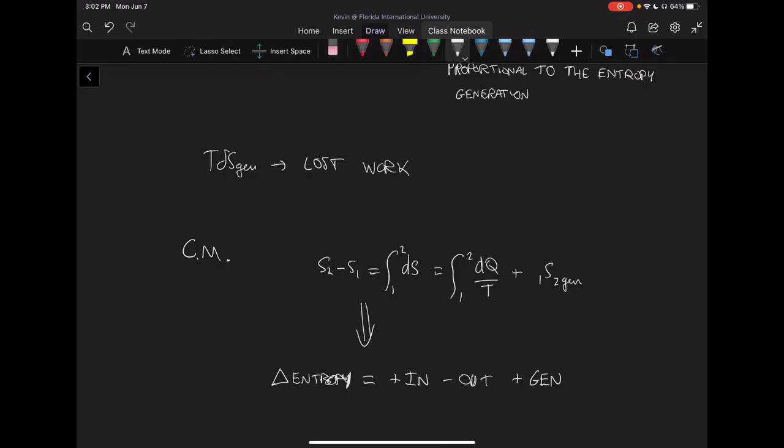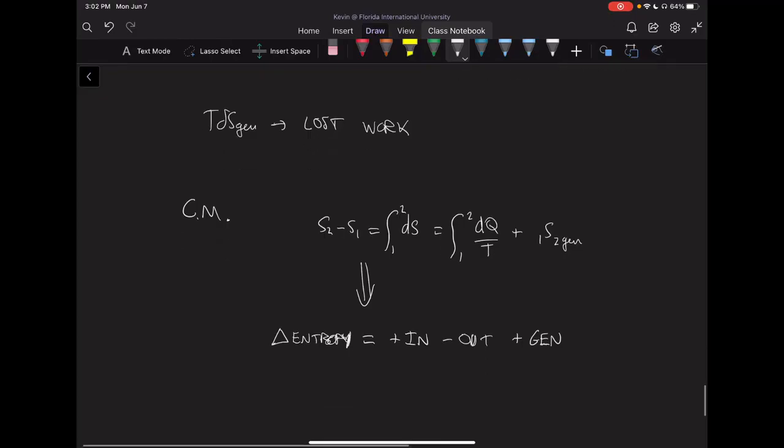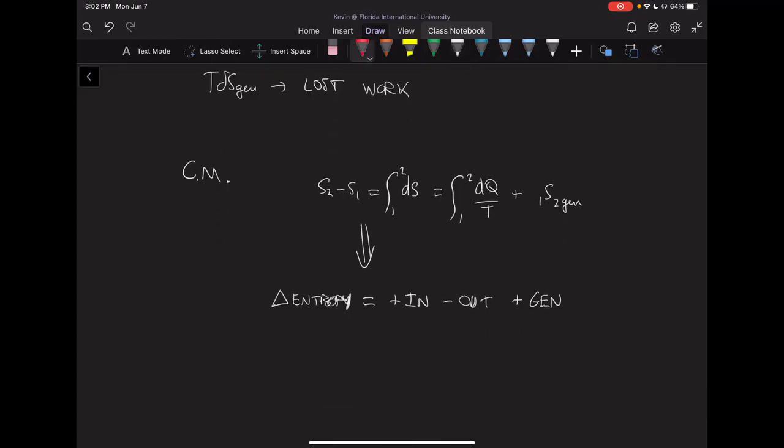Okay, now that we have this equation, this is called our entropy balance equation.